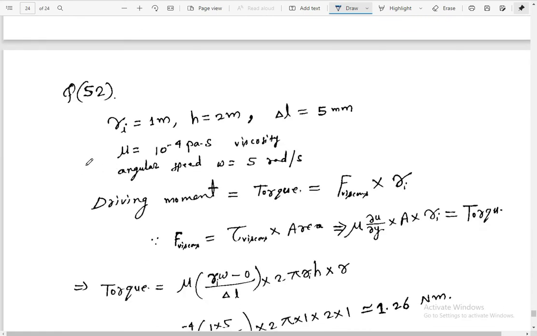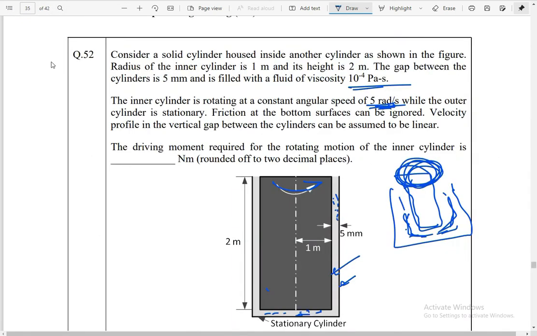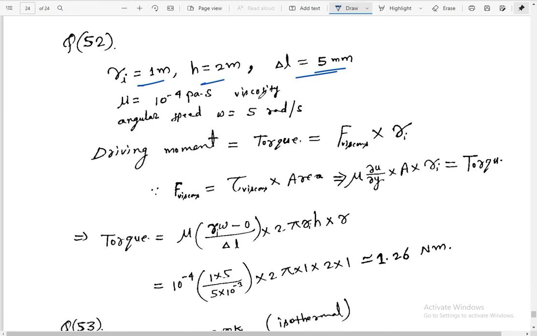So in this question a radius is given, height is given, and this is the gap, okay, between the cylinders, you can see in this question, this is the gap 5 mm, that I mention as delta L. Okay, mu is given, viscosity and angular speed are given.